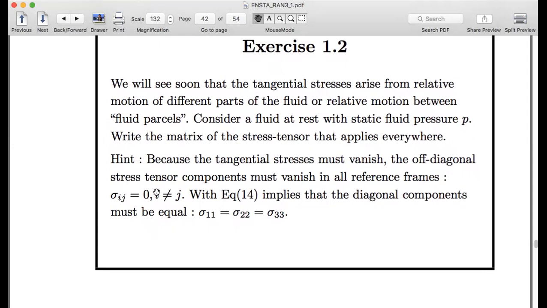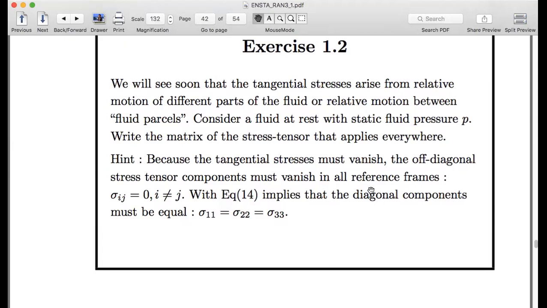That means the off-diagonal components of the tensor have to vanish, but they have to vanish in all possible reference frames. Remember, I could always choose my coordinates such that the off-diagonal terms are 0 at a given point in the fluid.